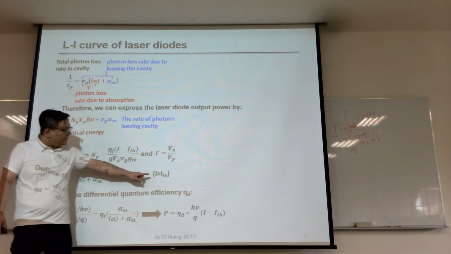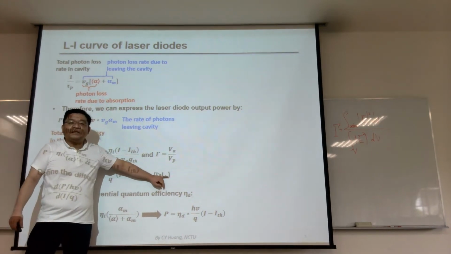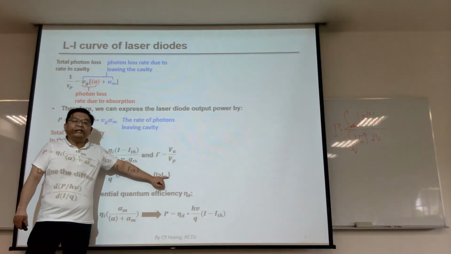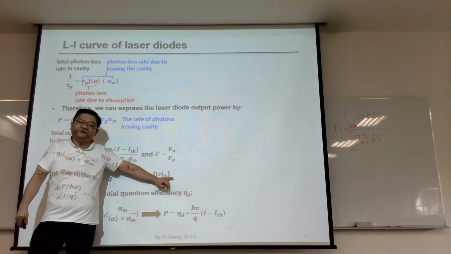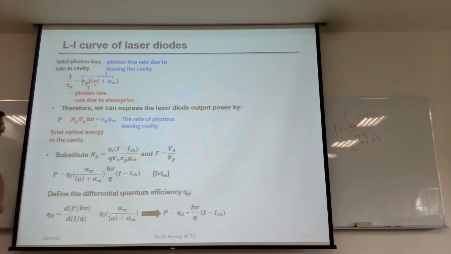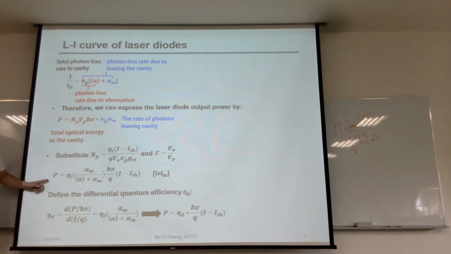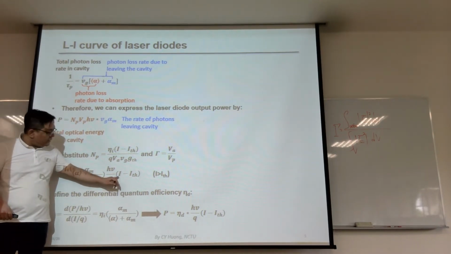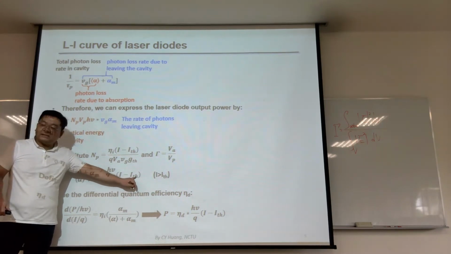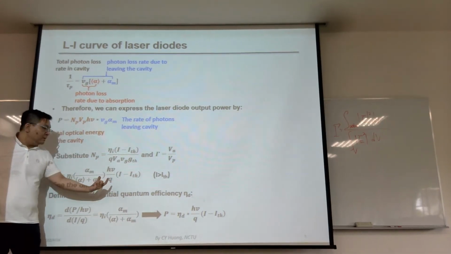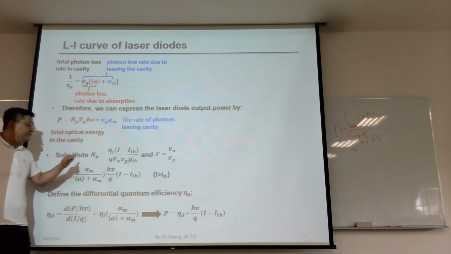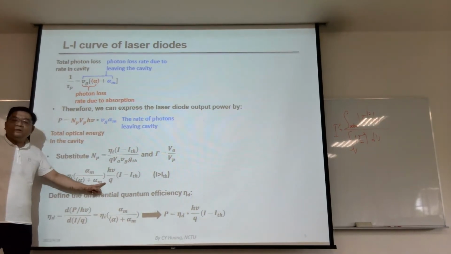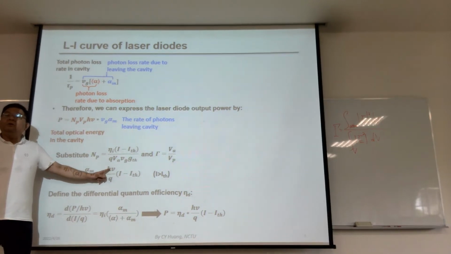Remember, this is only valid for I larger than ITH, or you will get a negative value of the output power, which is physically unreasonable. Okay, so how do we read that? When the current exceeds the threshold current density, the excess is all transferred into photon energy.